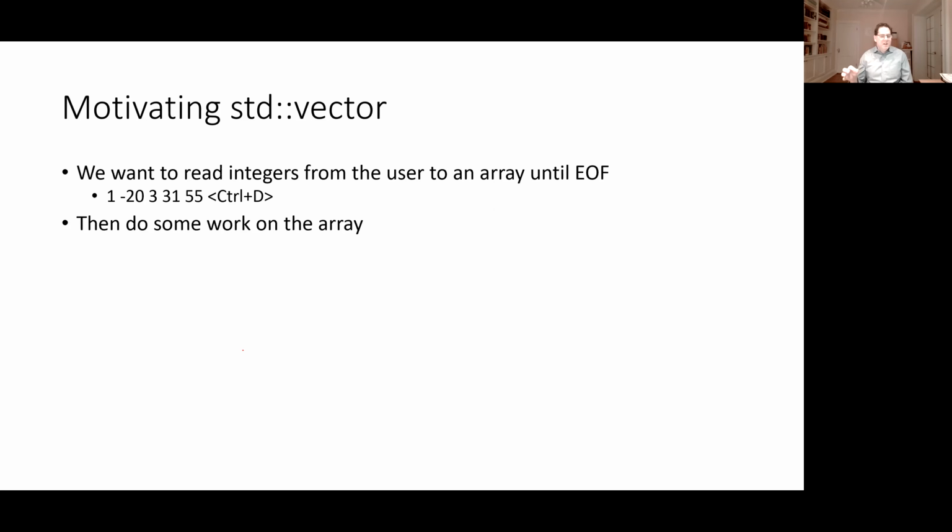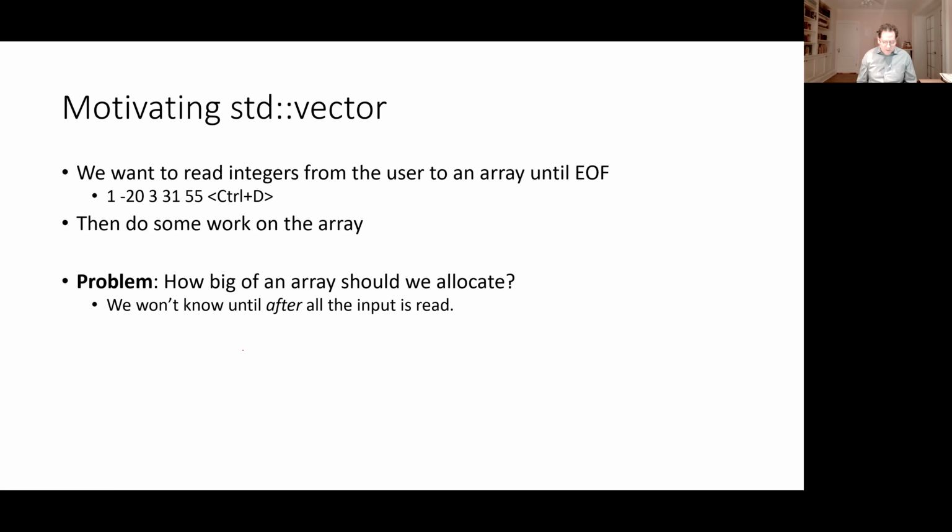That's what we want, because that's what the rest of the program wants. But we don't know how many numbers this user is going to type. The user is going to type some set of numbers, and then at the keyboard, end of file is you hit Control-D. If it was coming from a file, end of file is just whenever the file is empty. So we don't know how many numbers the person is going to type. That's the challenge. We could allocate an array of size 5, and that would work for this case, but it's not going to work in the general case.